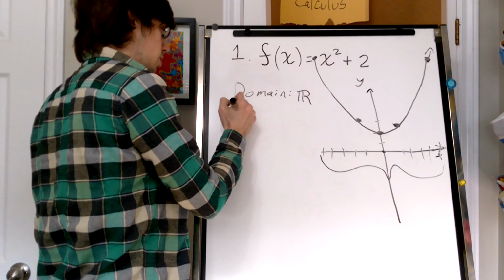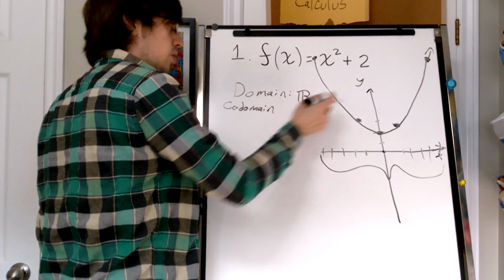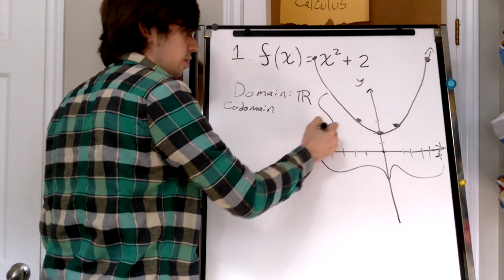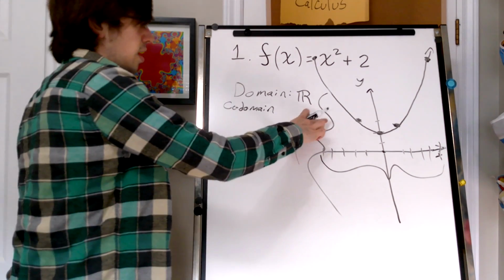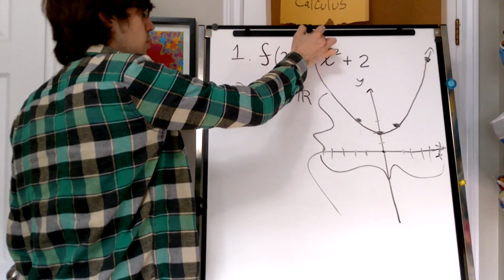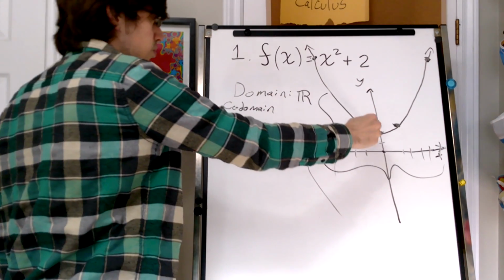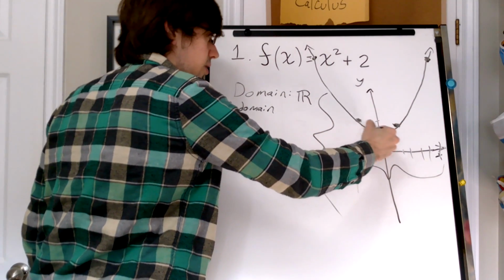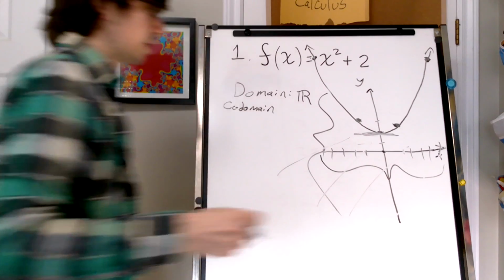The codomain is the stuff on the y-axis. And it's going to go all the way up to the left forever, all the way up to the right forever, but it stops here, and we get nothing below that area.